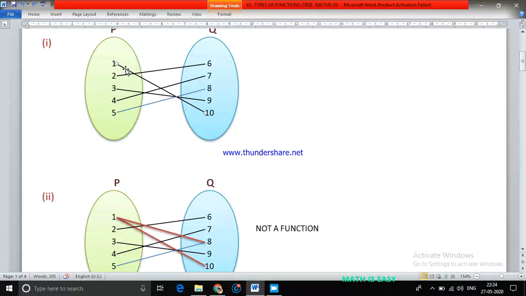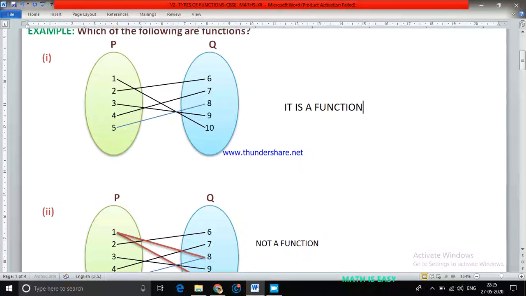You see the first one. As I said, it is a function. If it is a function, then I have to decide whether it is one-one: distinct elements of P must have distinct images.